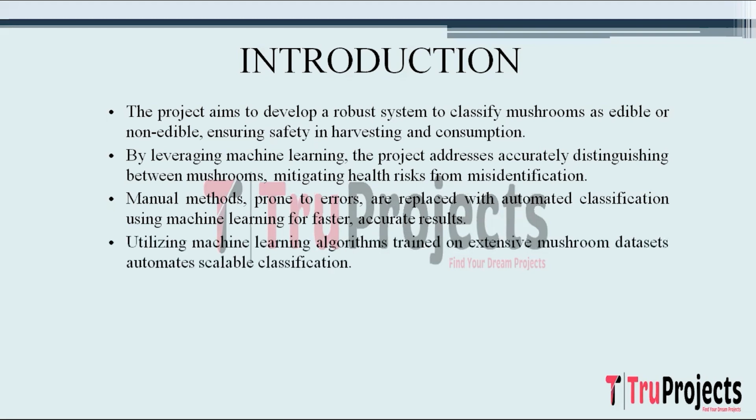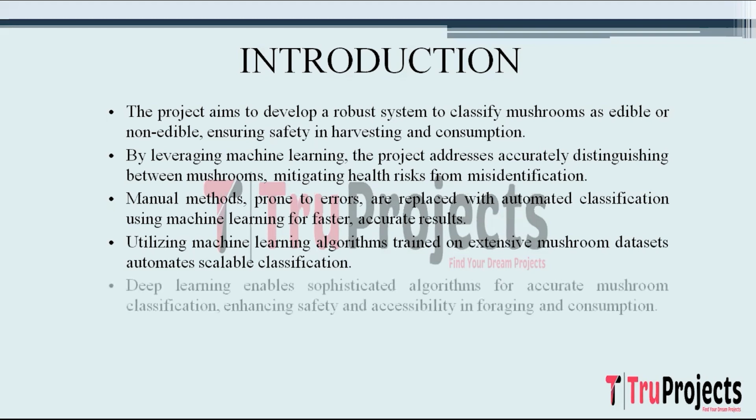So, the proposed system involves the utilization of deep learning algorithms trained on extensive datasets of mushroom images and associated metadata. By leveraging advanced image processing techniques and pattern recognition, the system aims to automate the classification process, offering a faster, more accurate, and scalable solution compared to traditional methods.